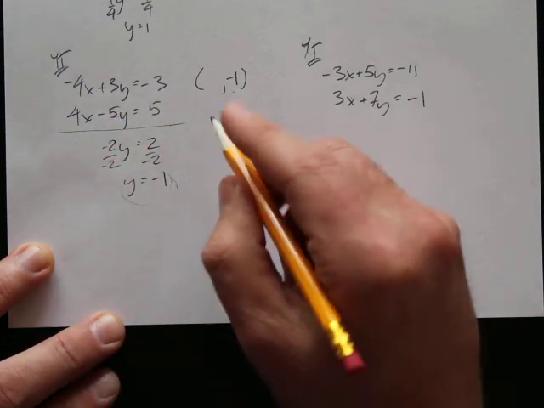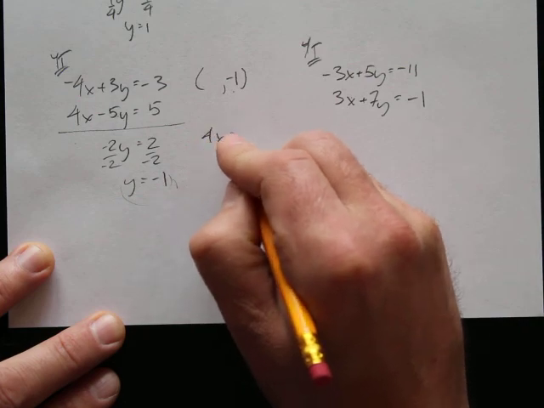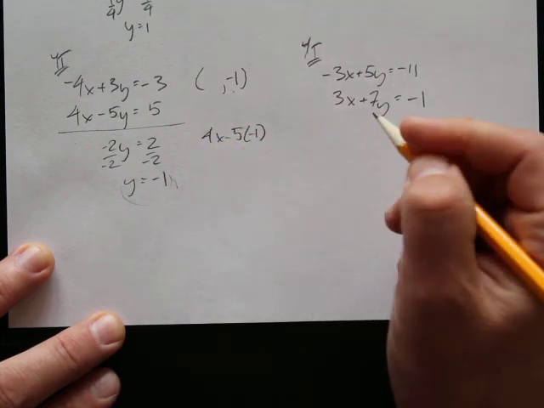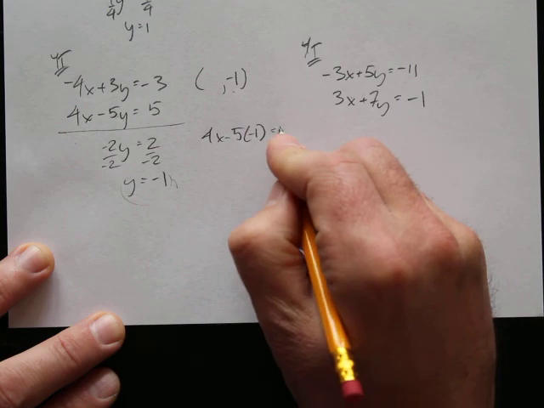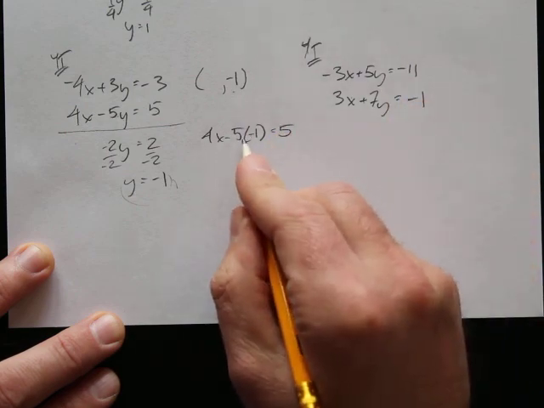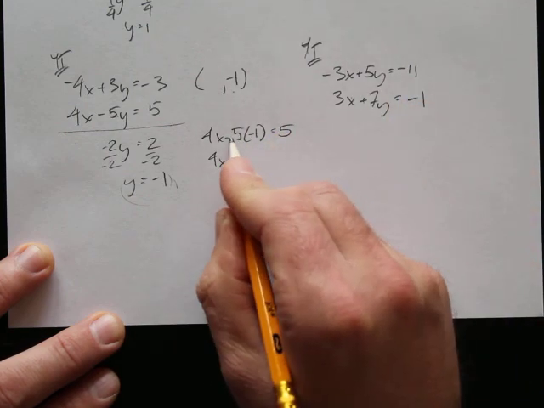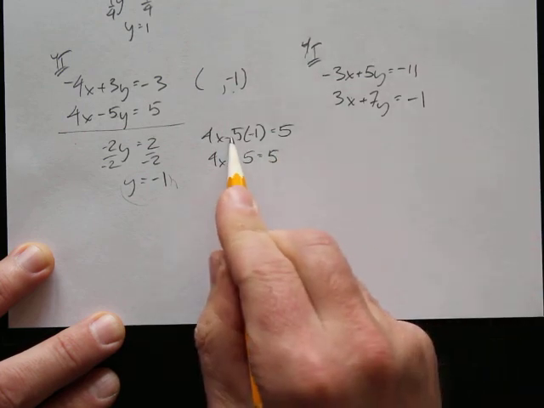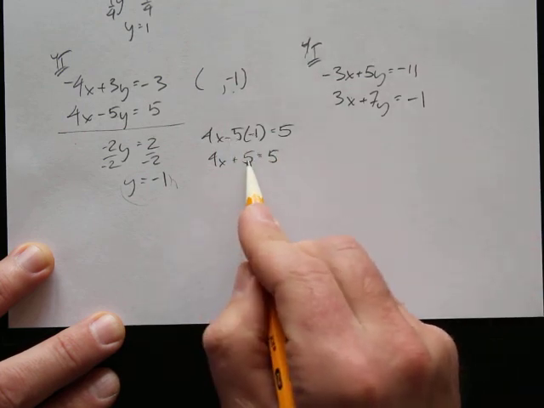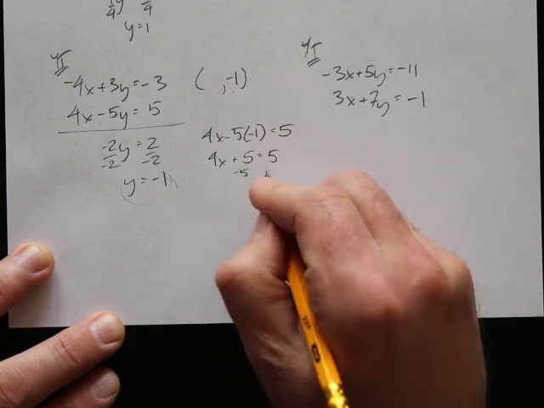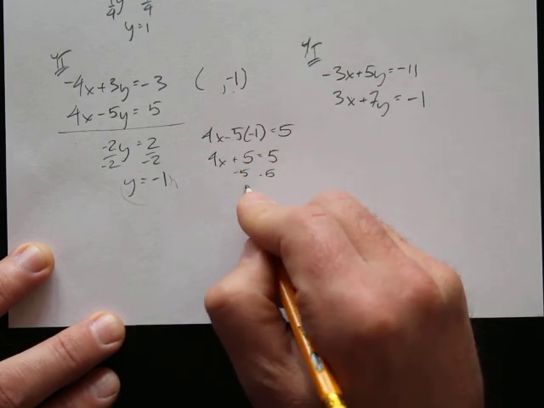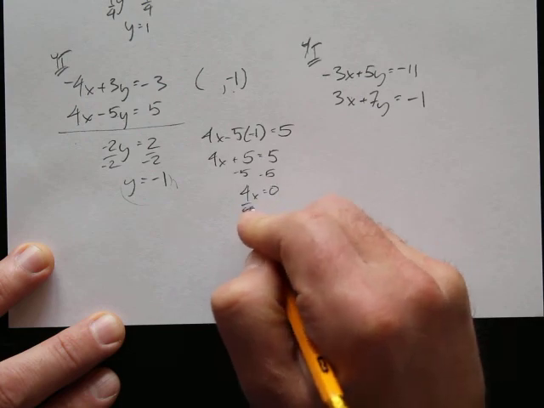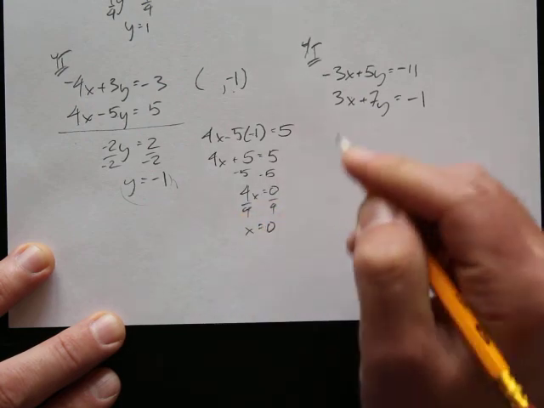Let's do it on this one. 4x minus 5 times the y value, which is negative 1, equals 5. 4x plus 5 equals 5. Negative 5 times negative 1 is positive 5. Subtract 5 from both sides. 4x equals 0. Divide by 4. X equals 0.